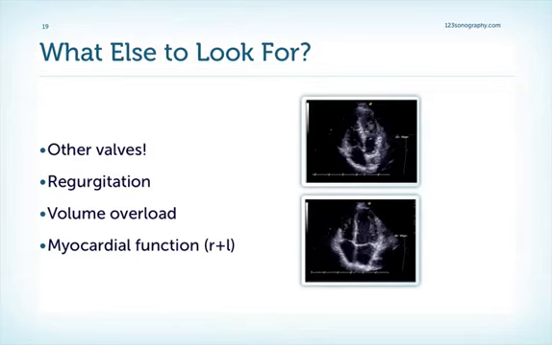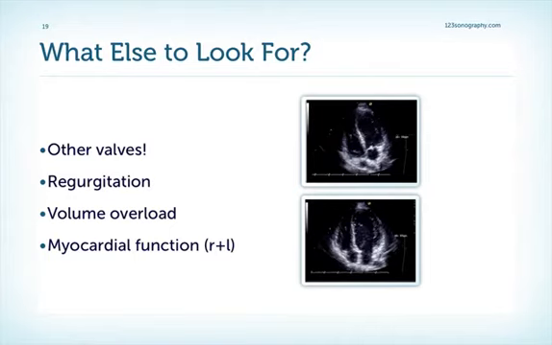Not infrequently do we have multivalvular infection, and this information is of particular interest, especially if we plan to operate. Also look at regurgitation. The severity can be an indication for surgery. Look for volume overload, again, as an indicator for the severity of regurgitation.